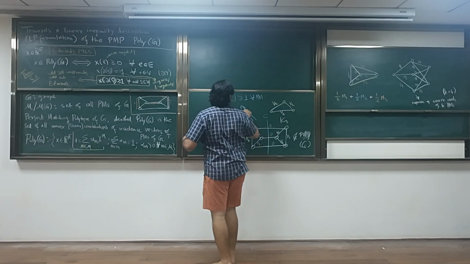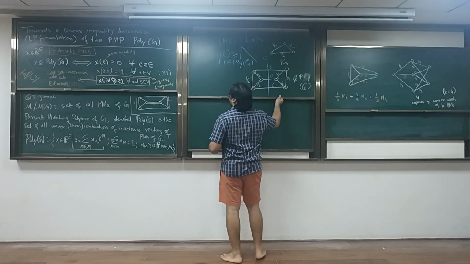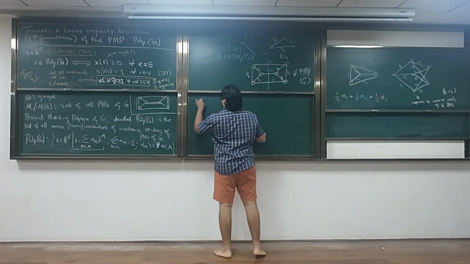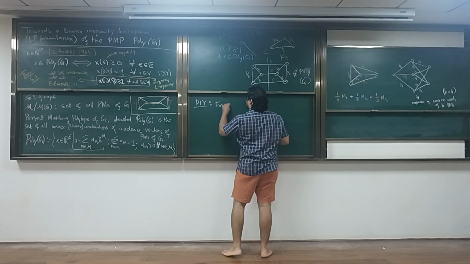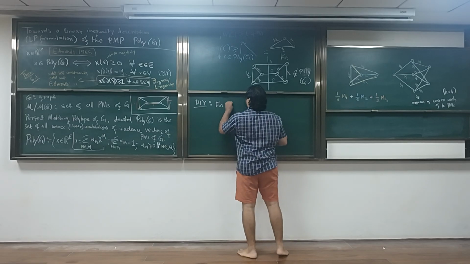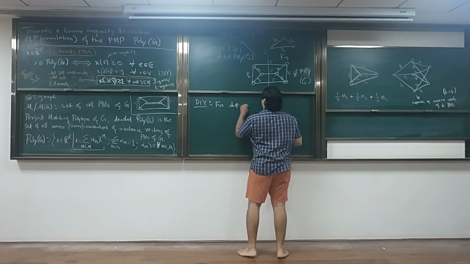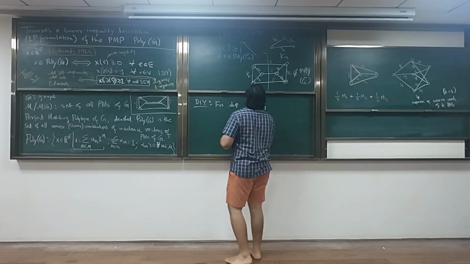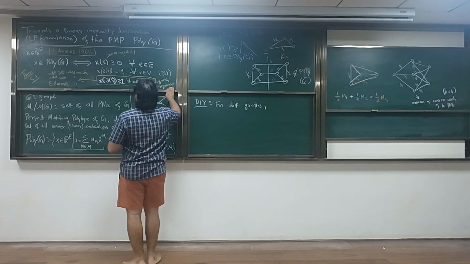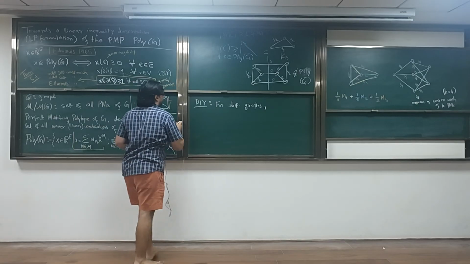So for a bipartite graph, every non-negative one regular vector satisfies Edmonds constraints.